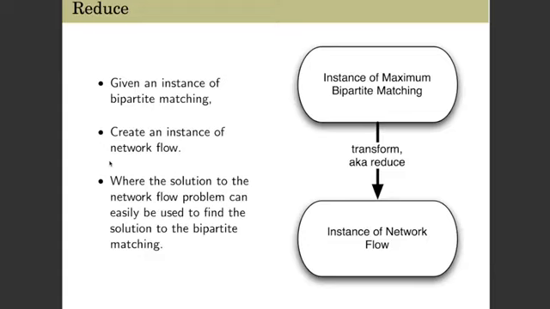In this video, I'm not going to talk about network flow and the algorithms used to find the maximum flow in a graph, but what I'm going to talk about is how you transform a bipartite graph into a general graph on which you can apply network flow, and the network flow would give you the maximum matching in this bipartite graph. To do that, you take an instance of the maximum bipartite matching problem, and then you transform or reduce it to an instance of network flow.